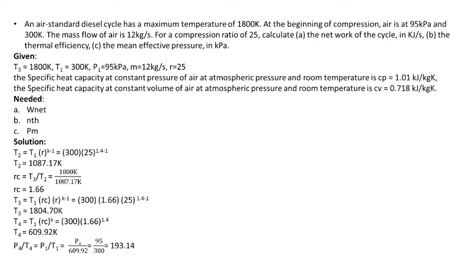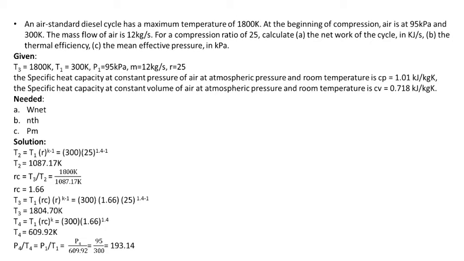The specific heat capacity at constant pressure of air at atmospheric pressure and room temperature is Cp equals 1.01 kilojoules per kgK, and the specific heat capacity at constant volume is Cv equals 0.718 kilojoules per kgK. Next, we need to identify what is being asked: A. W net, B. nth, and C. PM. Now we are ready to solve.